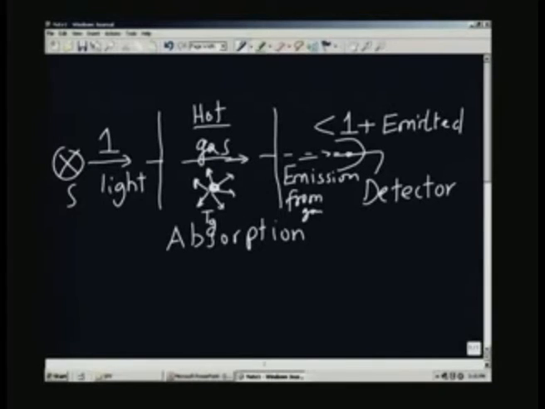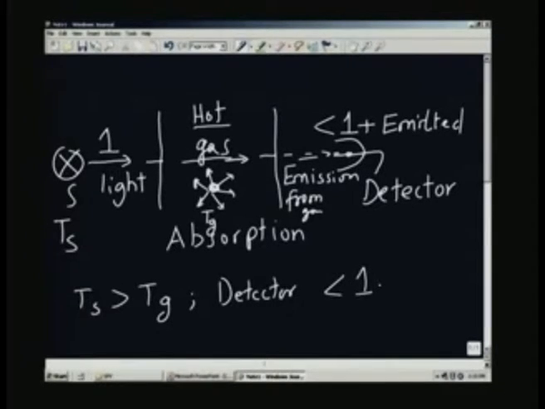So, what we expect is, if the gas is at a temperature lower than the source temperature, we will say this is the temperature of the source, if Ts is greater than Tg, the detector reading is less than 1, because the amount of emitted radiation from the gas is not compensating for the reduction due to absorption.